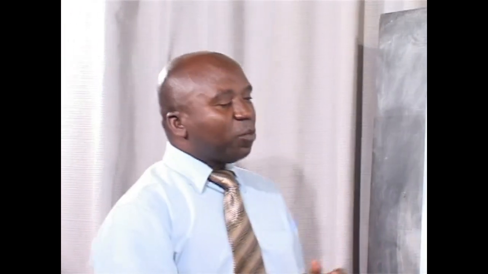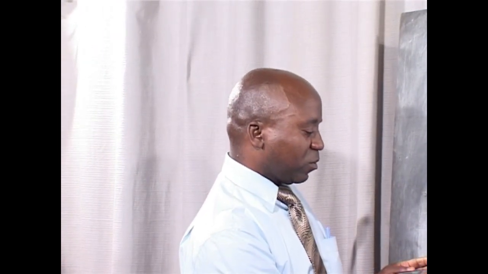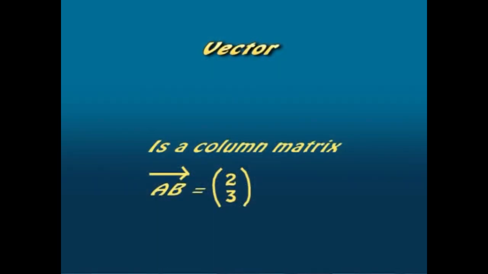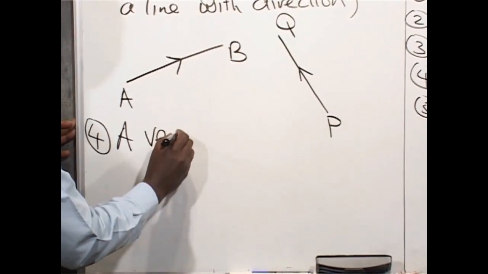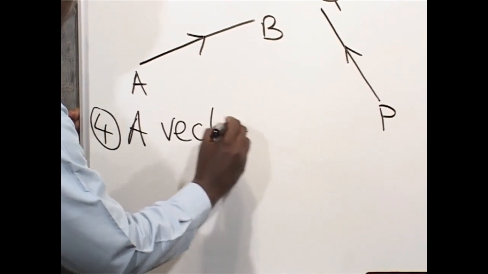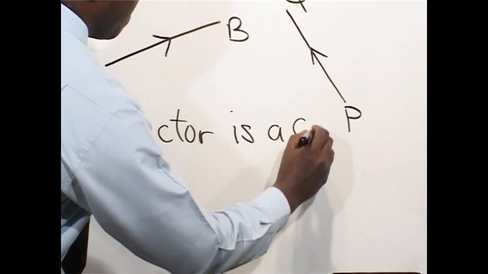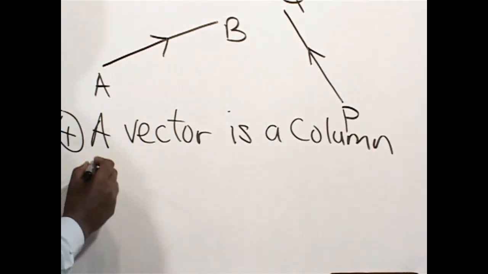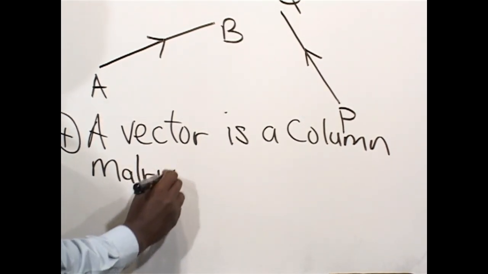Another definition we shall be using in mathematics is the following. We shall say a vector is a column matrix. You have done matrices as a topic.